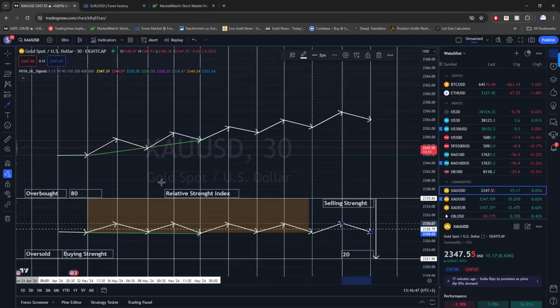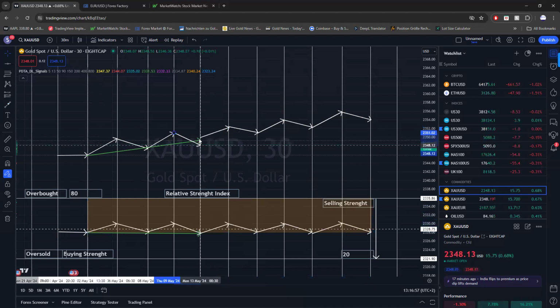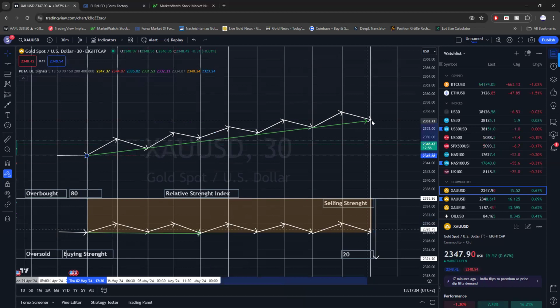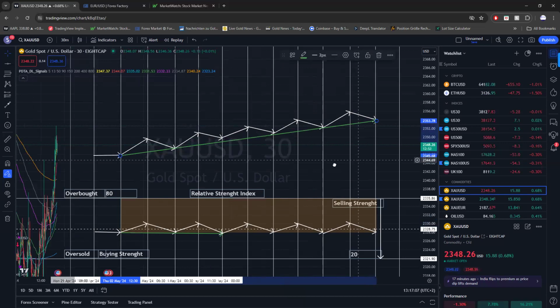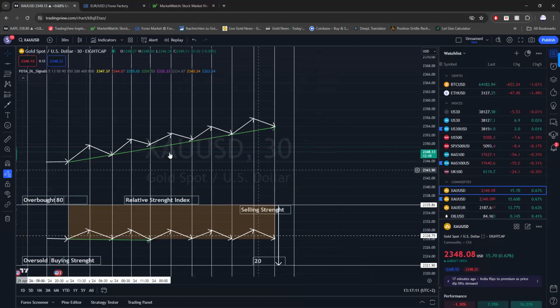So now let's expand this and let us see what we have here. We see that we have the market having a steady buying strength. Let's shift this so we can see better. Okay, good.